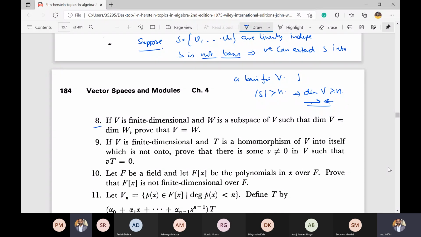Okay, question number 8. If V is a finite dimensional vector space and W is a subspace of V, such that dimension of V equals dimension of W, then prove that V equals W. How to solve this one?